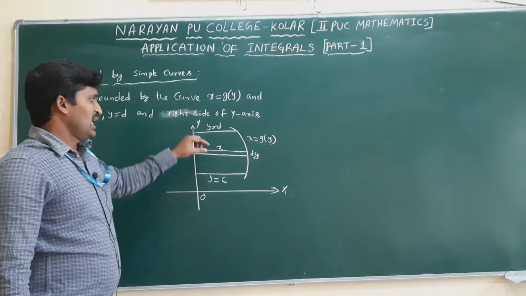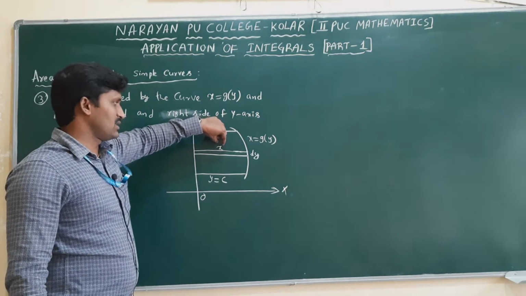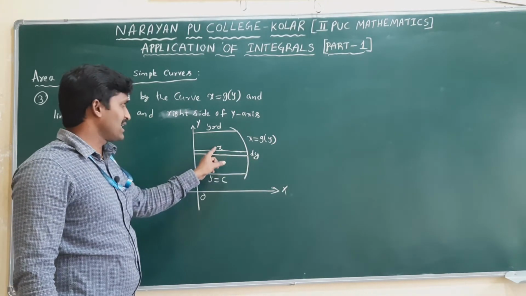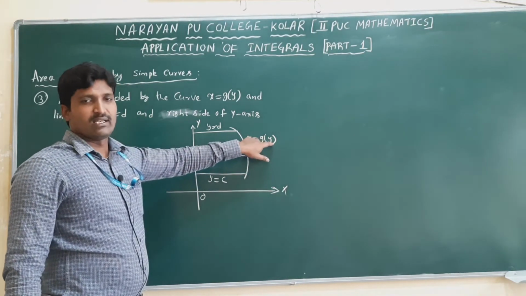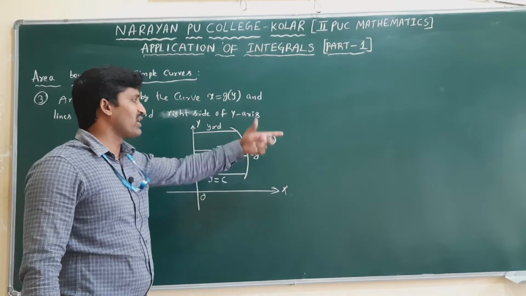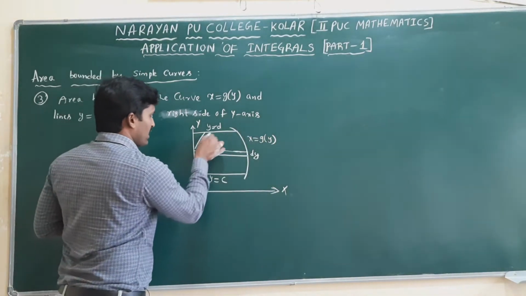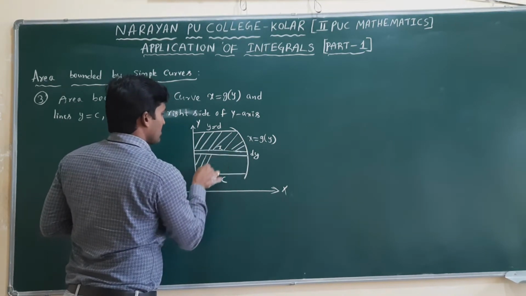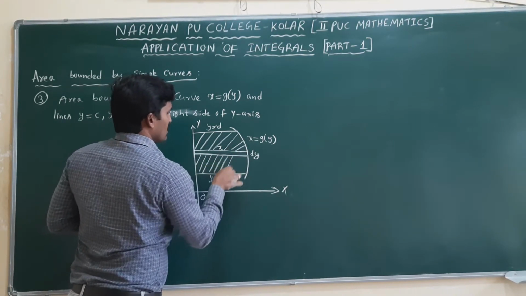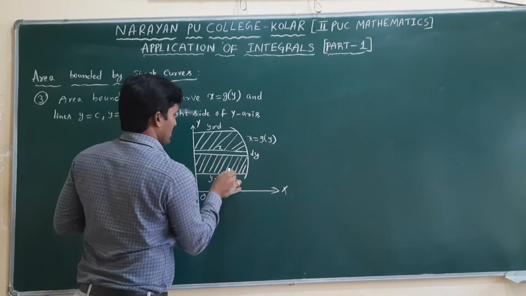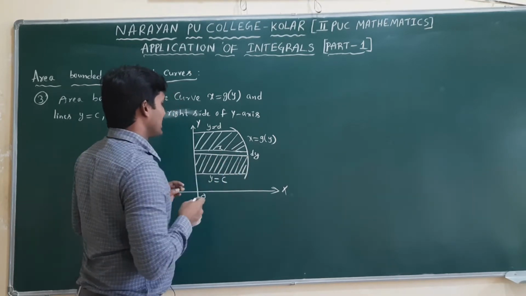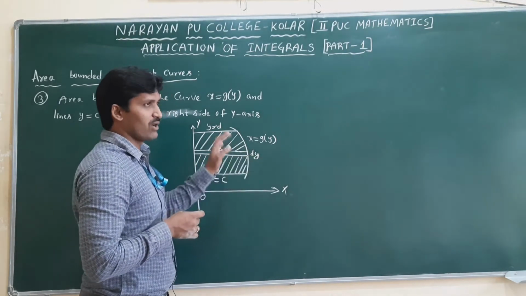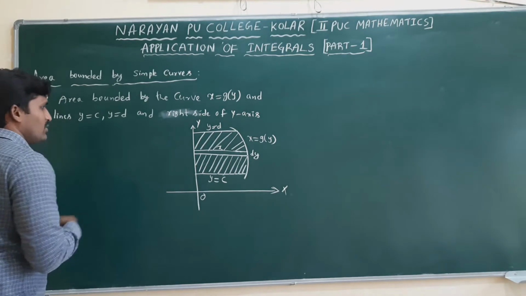We will take the function of x, and integrate with respect to y. X is already in terms of y. So this horizontal strip represents the integral of x in terms of y, and with respect to y we need to integrate.